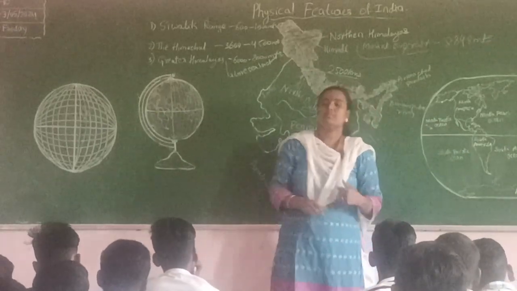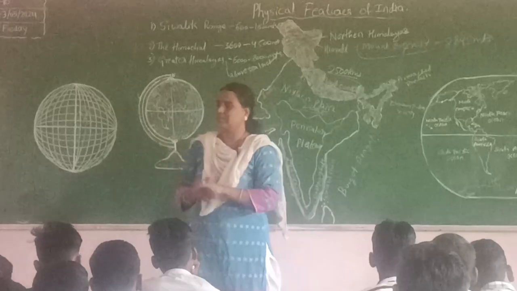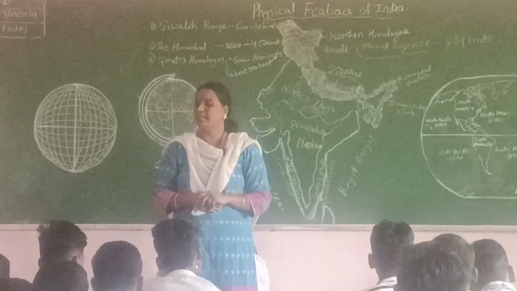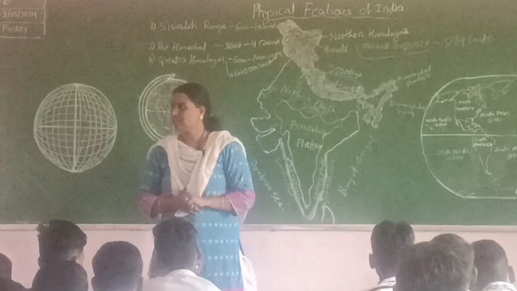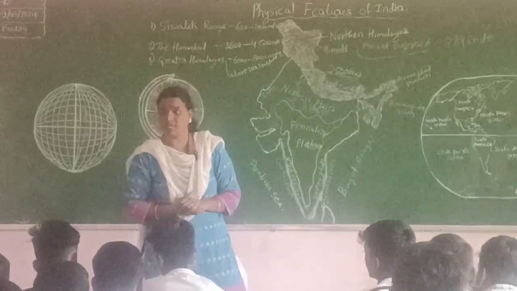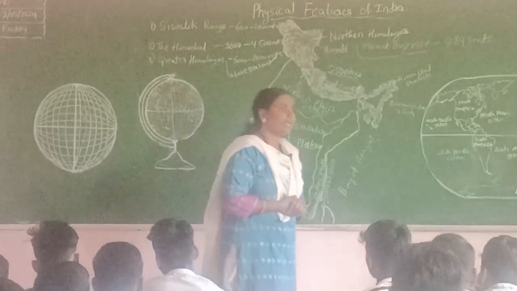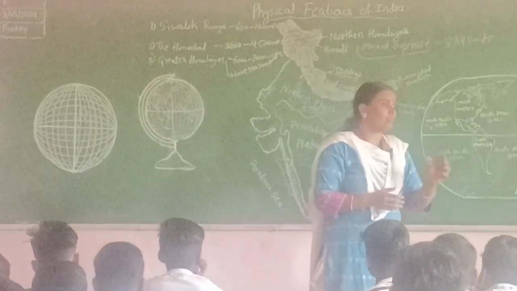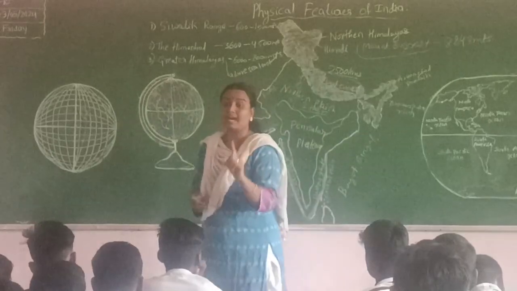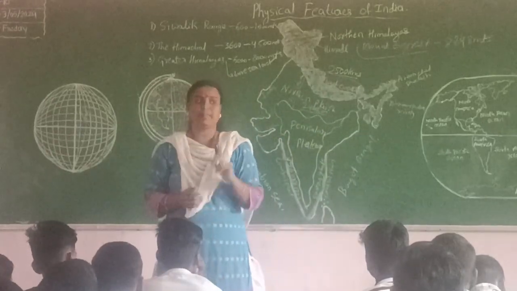Some other smaller ranges come under the Greater Himalayas, like Kailasanatha, Kanchenjunga, and K2. K2, also known as Godwin Austen, is India's highest peak. Keep it in your mind.